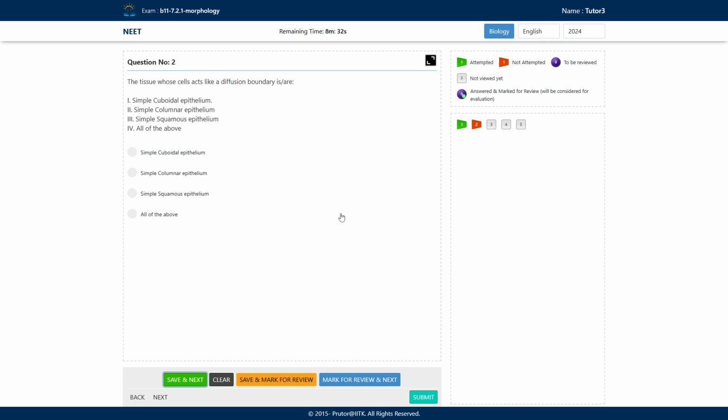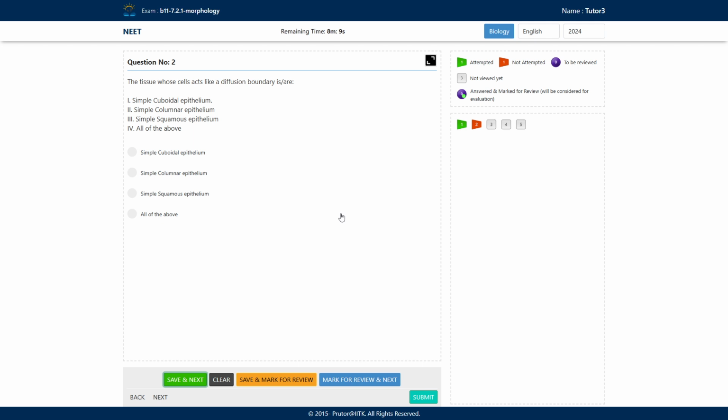The tissue whose cells act like a diffusion boundary is R. Diffusion, very important. The diffusion occurs through which type of epithelium? First, simple cuboidal epithelium. Second, simple columnar epithelium. Third, simple squamous epithelium. Or fourth, all of the above.